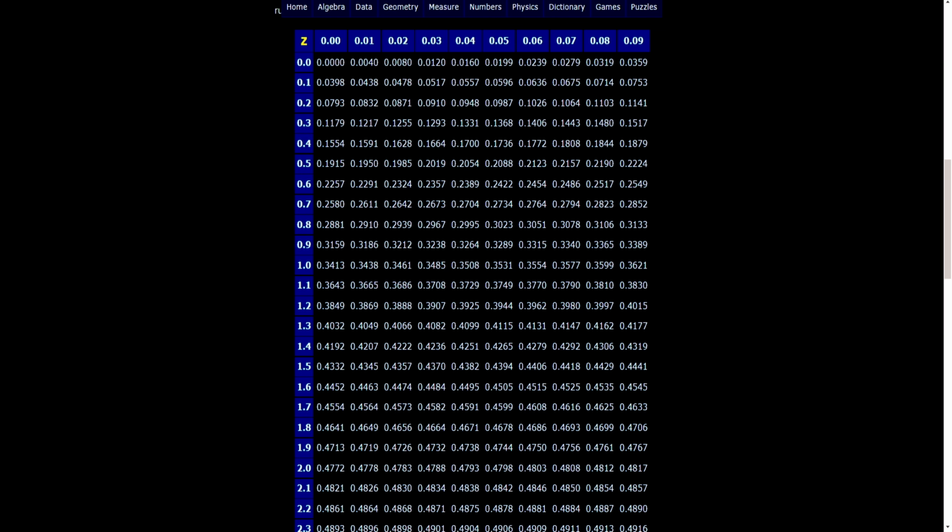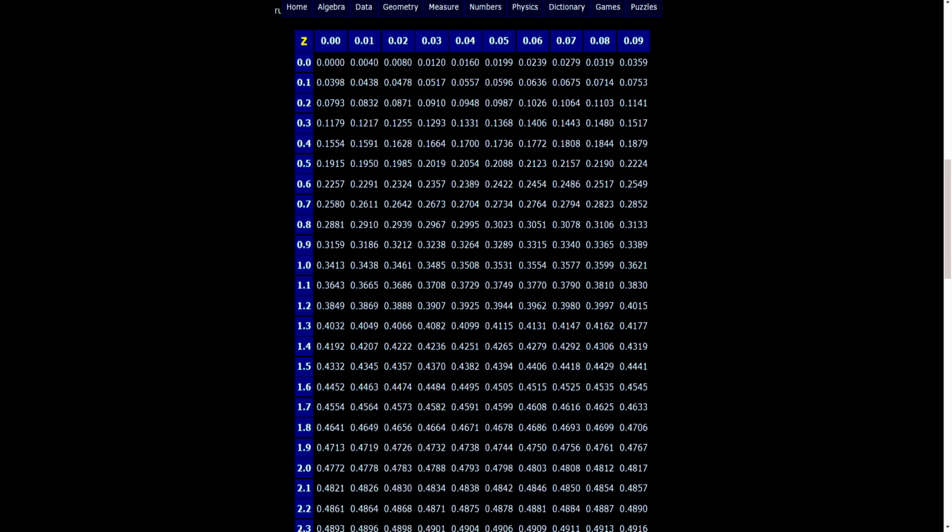Then the second number I want to find is 1.76. So 1.7 here and 1.76 is here, right? That is 0.4608. These two values I hope everybody got. You just have to add both of them.